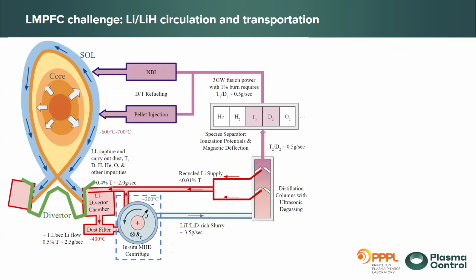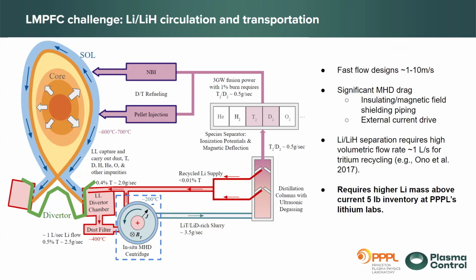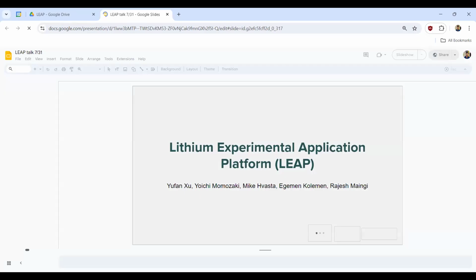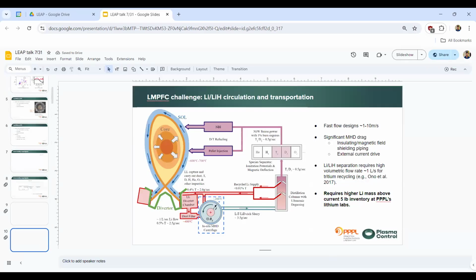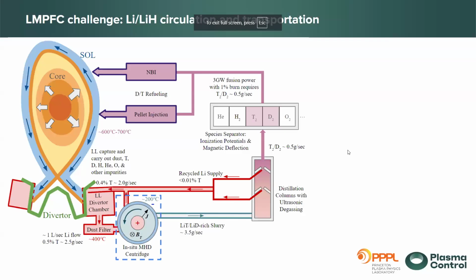The second largest challenge we're facing is the circulation of the lithium hydride mixture. Here I'm just drawing one of the concepts, adapted from Ono et al. 2017. But what I did in addition is I put this in situ MHD centrifuge here. What does it mean?